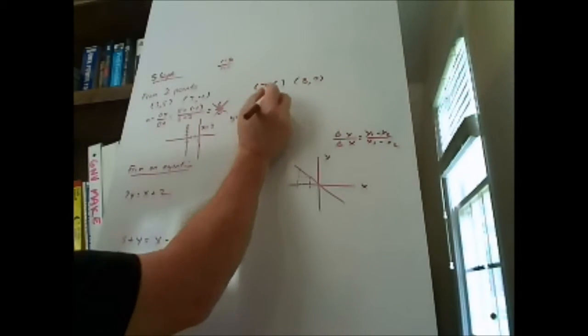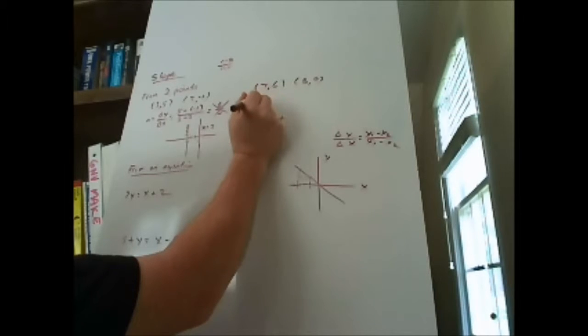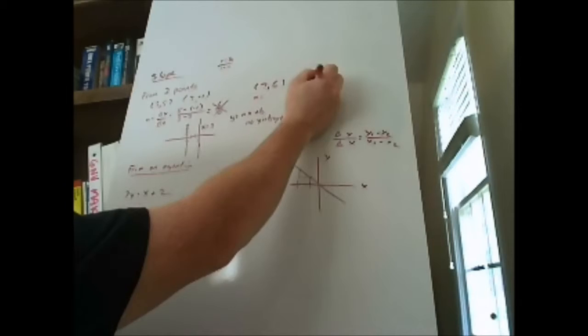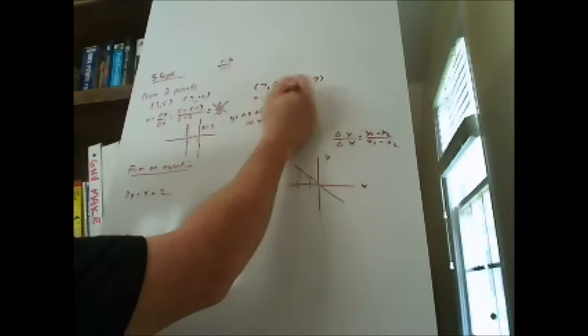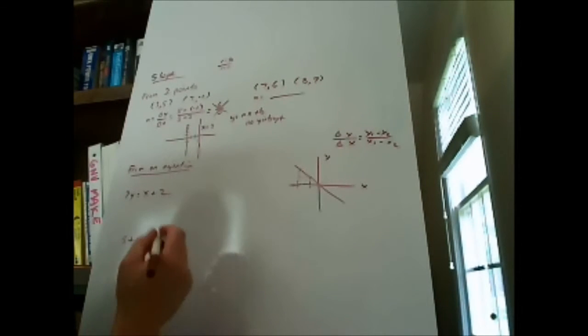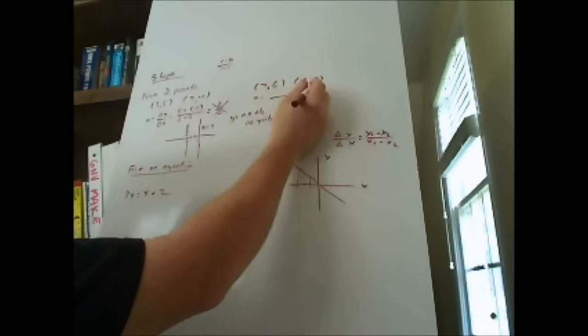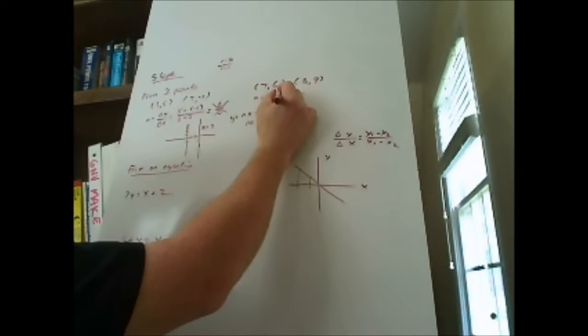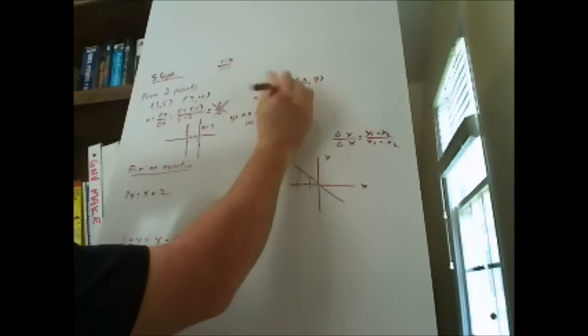Next one here we're going to go through is a little bit more straightforward. So m is equal to, let's change the order just for grins. We'll start with this one as 1, this is 2. You can choose either one as long as you're consistent within the same problem. So for example, we're going to say y1 is 9 minus 6, excuse me, 6.